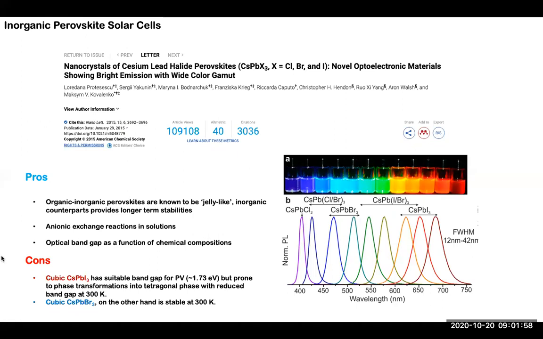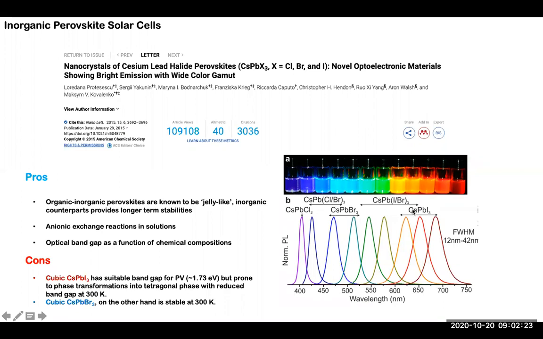But these materials are very easy to manipulate. As you can see in this picture here, you can change their compositions very easily by solution reactions. So start from one end of the spectra with cesium lead chloride to the other end of cesium lead iodide, which has a much more desirable absorption band gap.